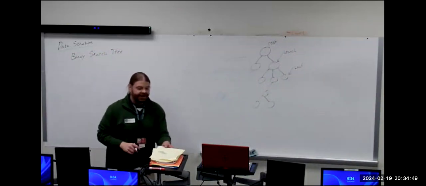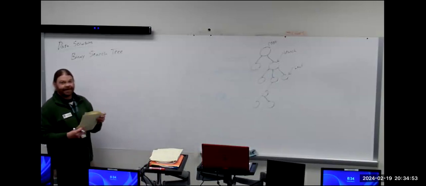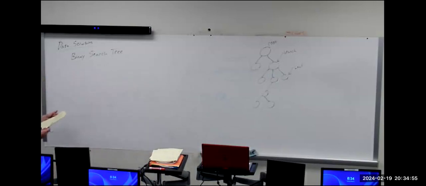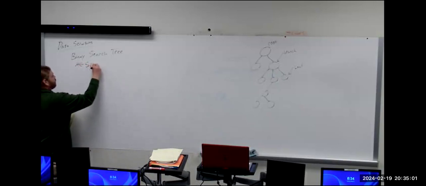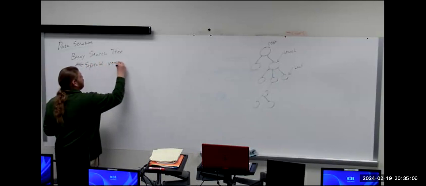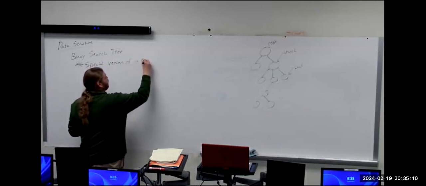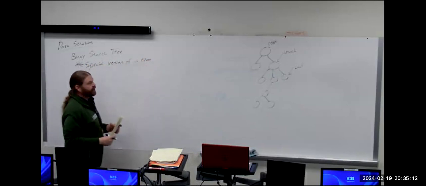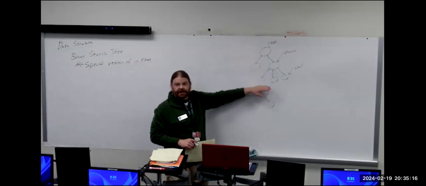Which may not seem like it at first glance, but the definition is in the name of that one. It is very specific. So a special version of tree, which a tree is sort of a hierarchical structure with the root and then all the child elements coming off of it.